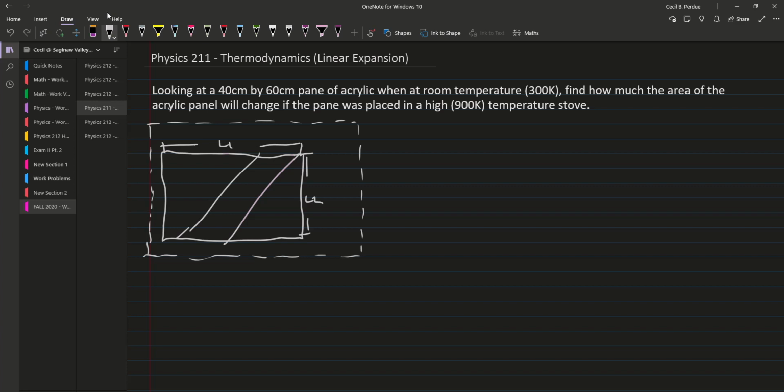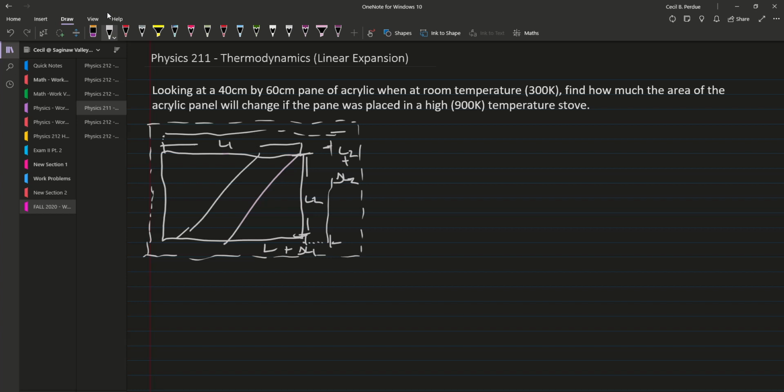if we start off with some length 1, which is going to be the length across the panel, and then a second length, which is going to be the vertical length of the panel, then we know that after the temperature is raised by some amount, the panel is going to expand, and the amount that it expands is going to be equal to the change in the first length plus the original length, and then vertically the change is going to be the length from the top of the panel to the bottom plus the change in the second length.